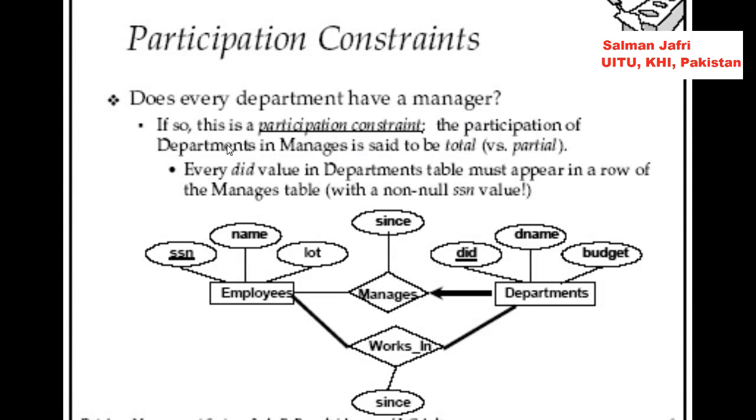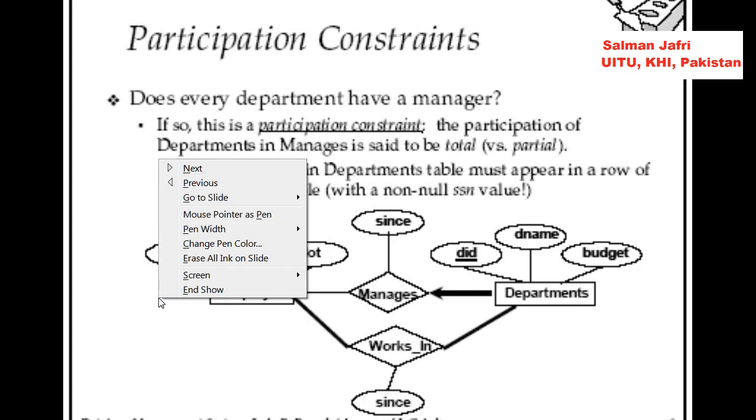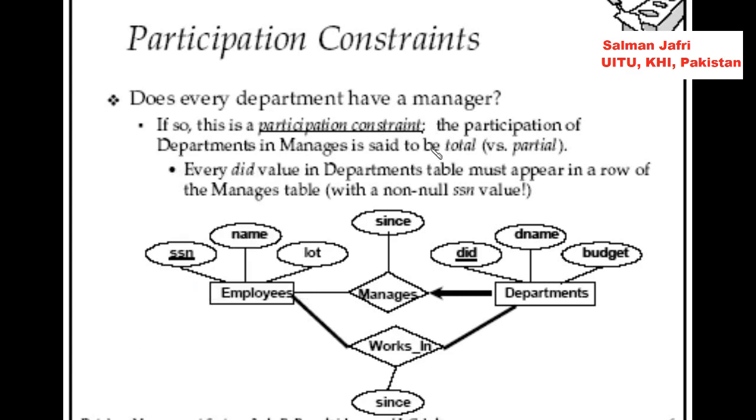So the participation of departments in manages is said to be total versus partial, or we can also say total or full participation. What does this mean basically? This means that every DID value in the departments table must appear in a row of the managers table with a non-null SSN value.